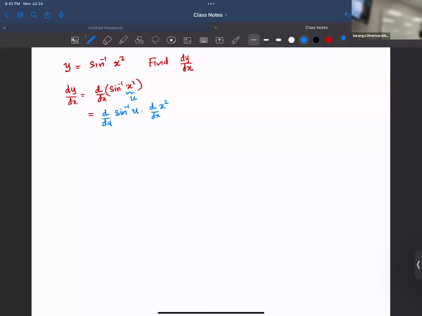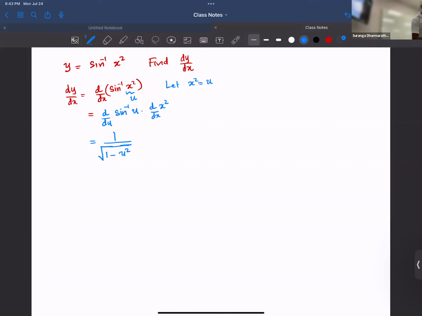So what we have done is let x squared equal u. Now what is d over du of sine inverse u? It is 1 over the square root of 1 minus u squared.